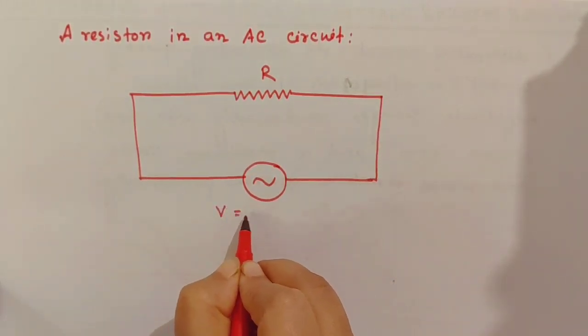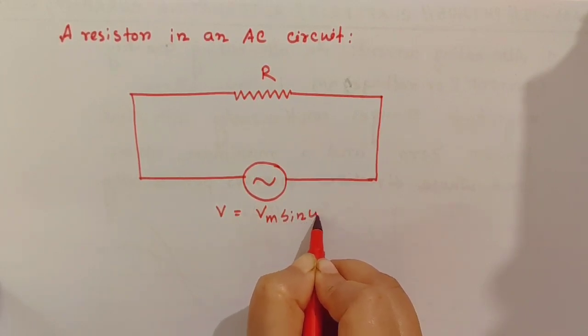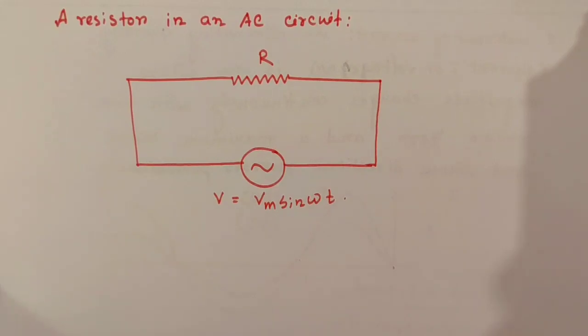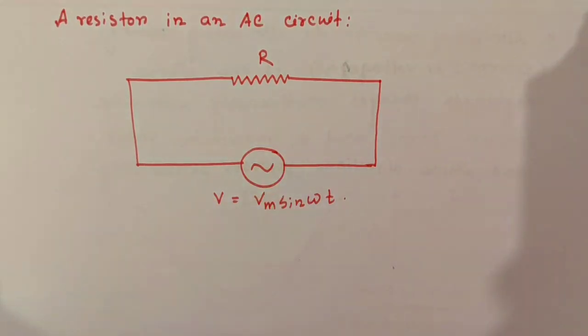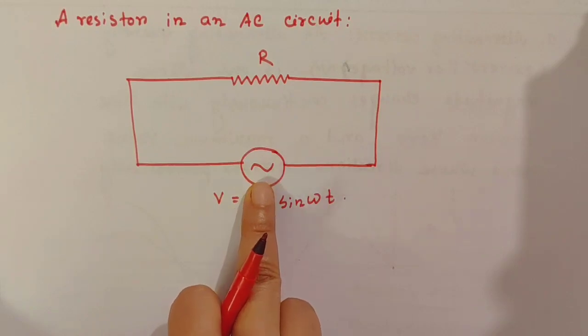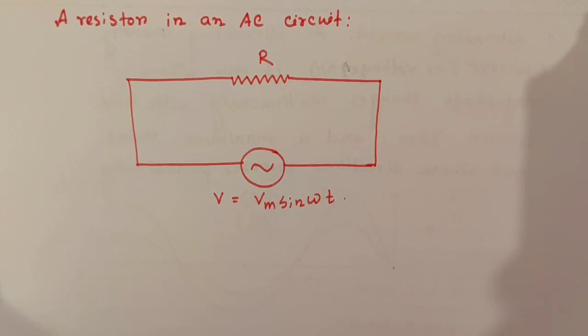Suppose V is equal to Vm sin omega t. So we consider the simple circuit consisting of a resistor and an AC generator. By this symbol we denote the AC generator.